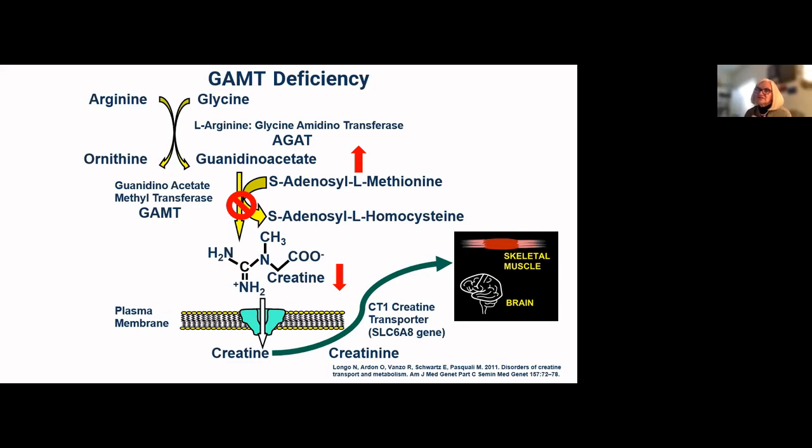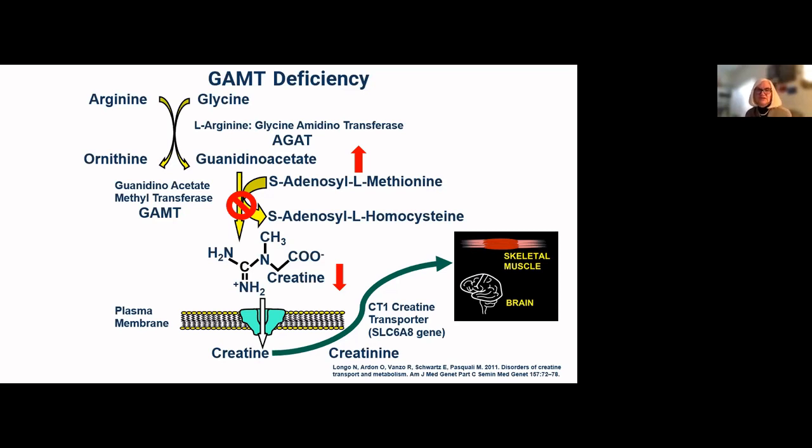But now let's talk a little bit more about GAMT deficiency, which is the topic of today's presentation. As I said, the enzyme GAMT, guanidinoacetate methyltransferase, catalyzes the second step of the synthesis of creatine.